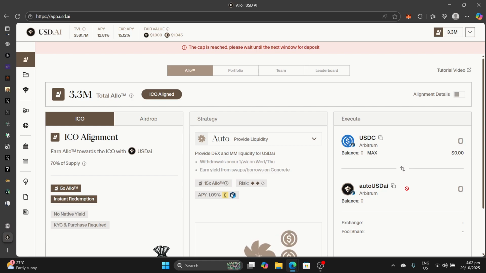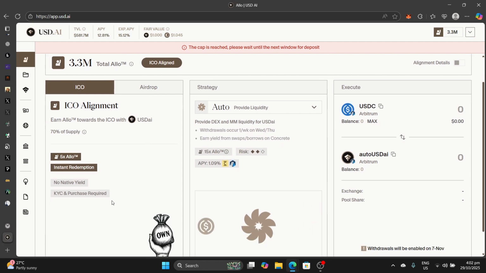The answer is yes. Now, by the way, this portal is categorized into two. Those who are interested in the ICO, this will require KYC and a purchase, and those who are interested in the airdrop.